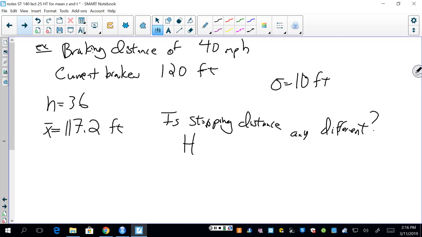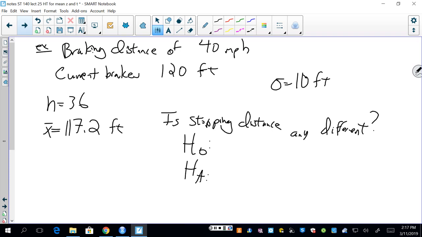We're going to set up a null hypothesis and an alternative hypothesis. What value do you want for the null hypothesis? 117.2. Is that what you want for the null hypothesis? No, I think 120. 120. We want the hypothesis about the population, or what we know from before.